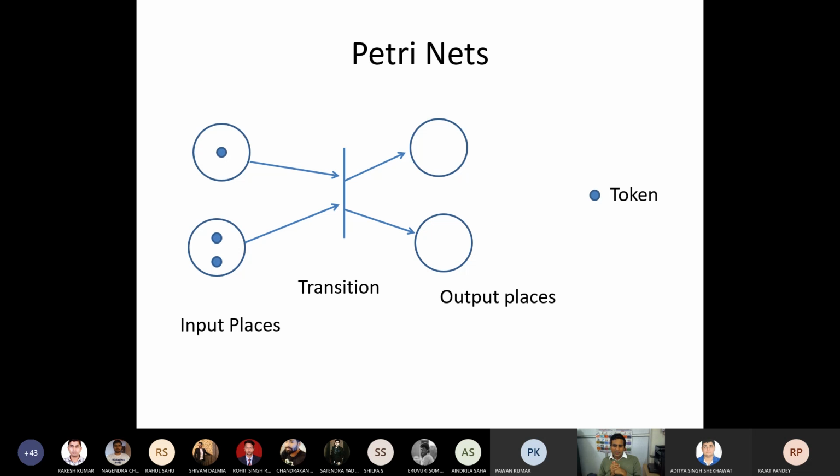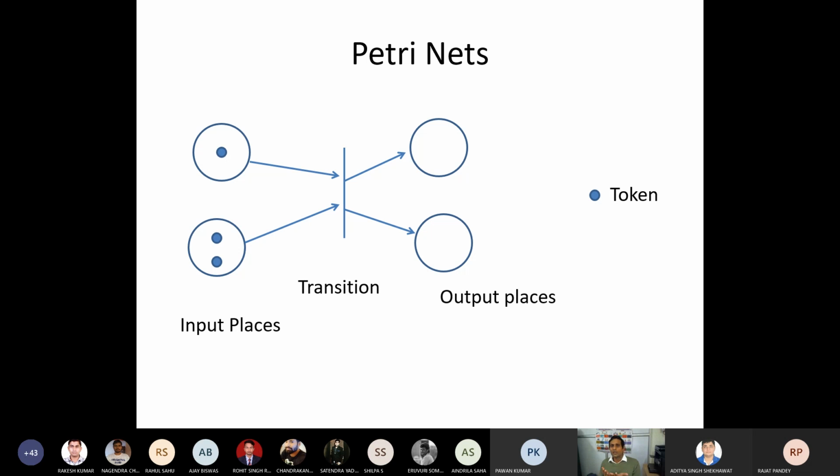So there is some sort of input condition. At least one request for printing should be in the system. If there is no request, the printer is not going to print. Here also we are going to model the behavior of the system.